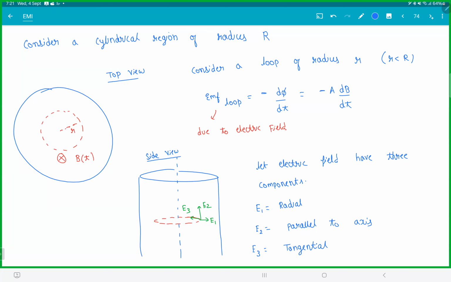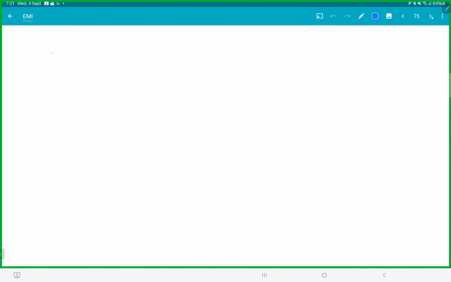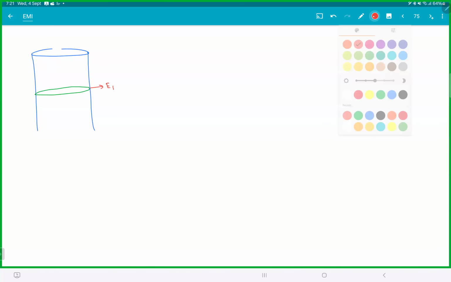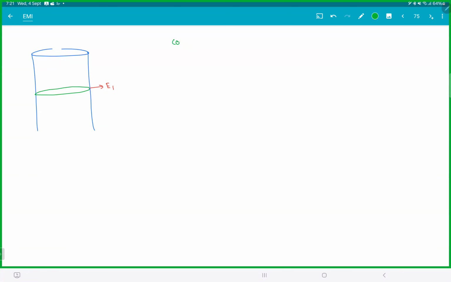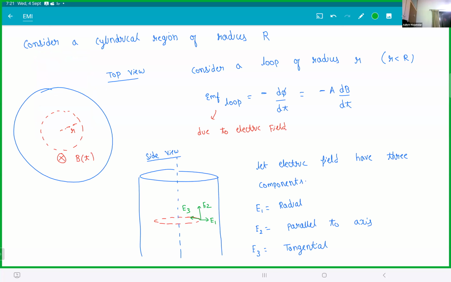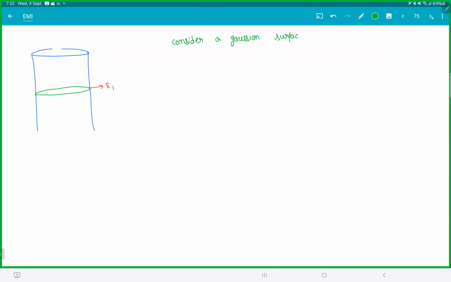Now let's study each one first. Let's study that E1. Suppose E1 exists, consider a Gaussian surface. Clear?